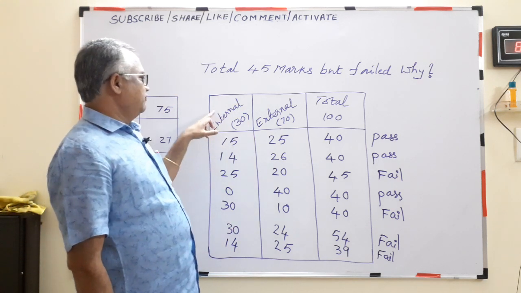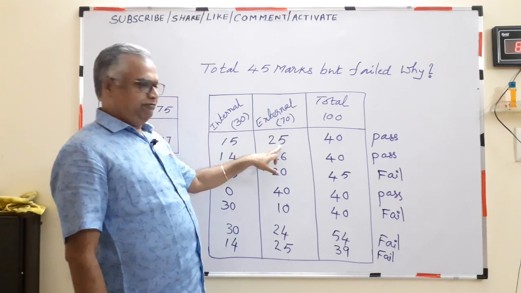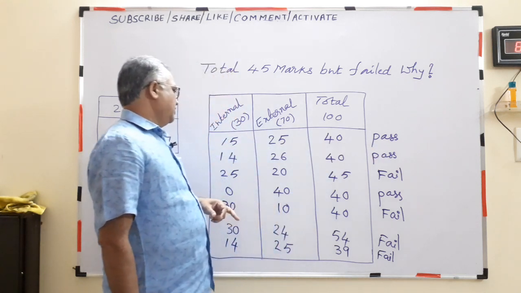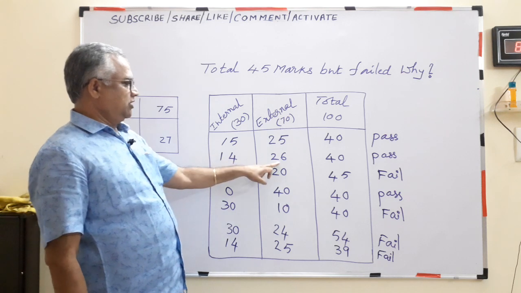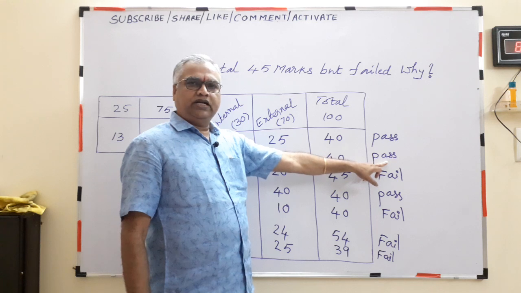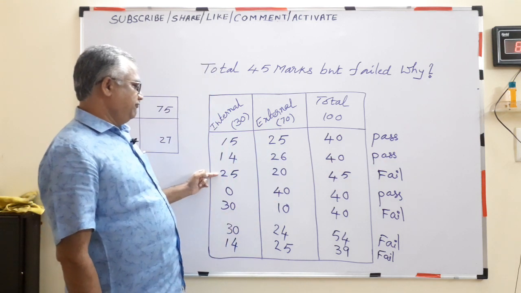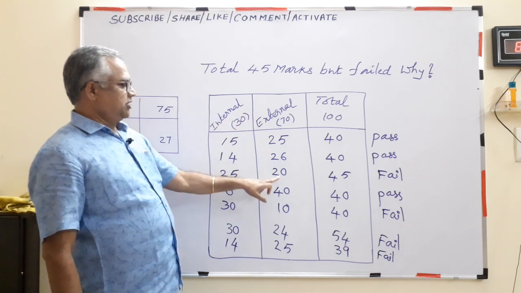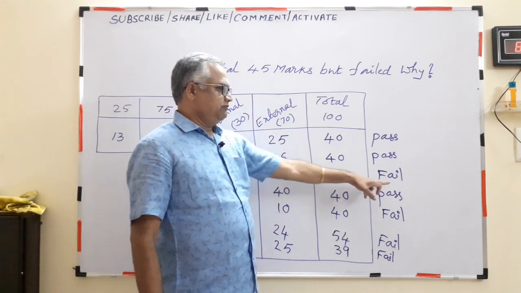Now here, if a student's internal is 15 marks, external 25, total 40, declared as pass. Internal 14 marks, external 26, total 40, declared as pass. Internal 25 out of 30, but external only 20, total 45, failed.